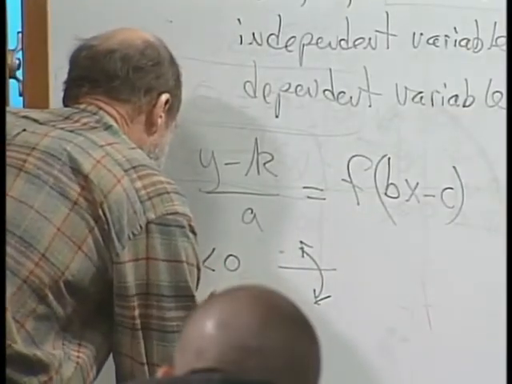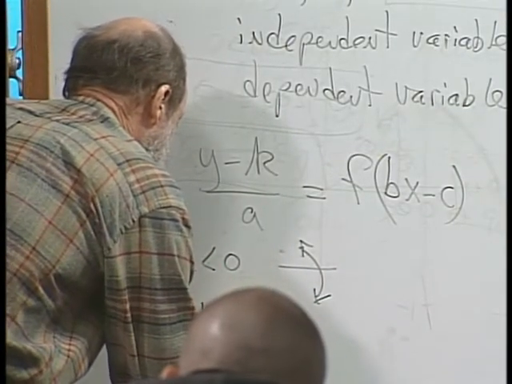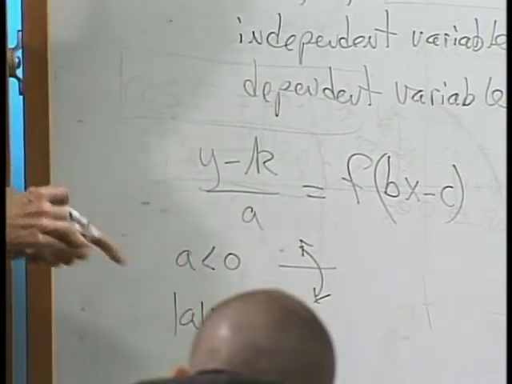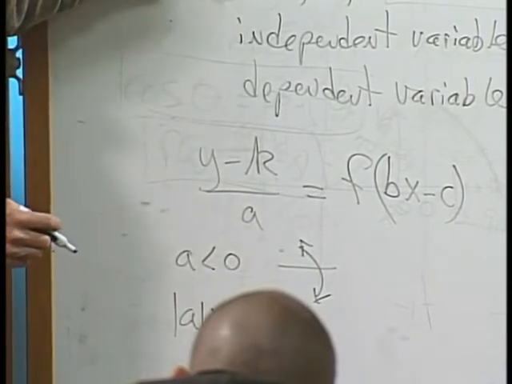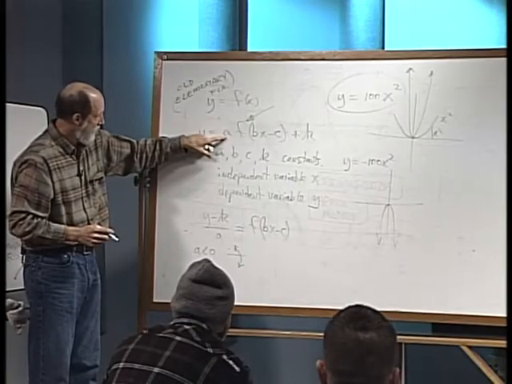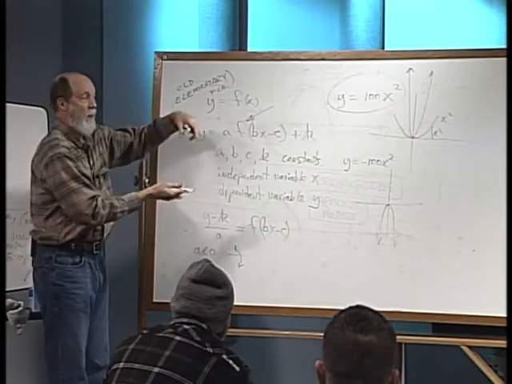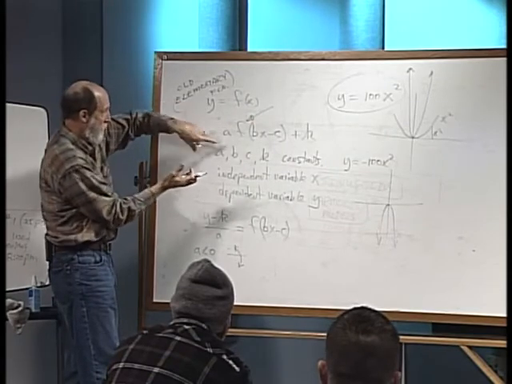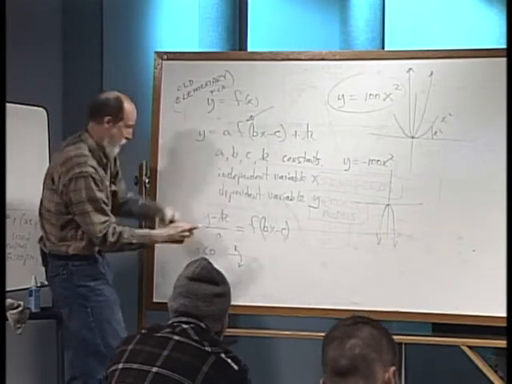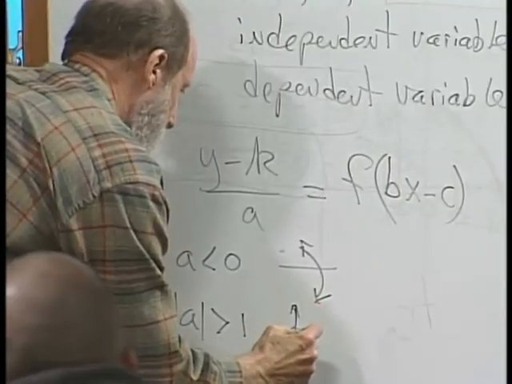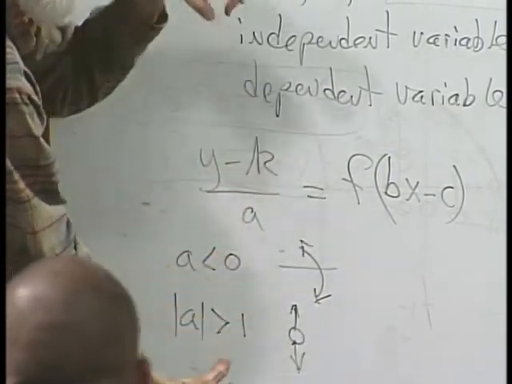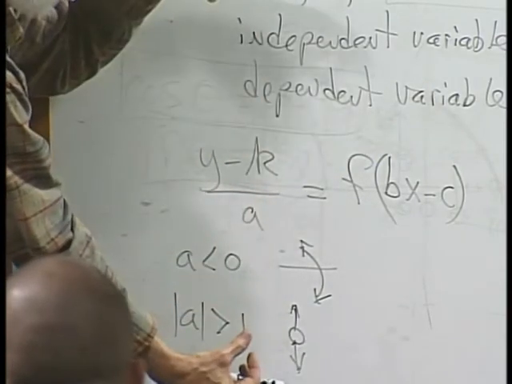If the absolute value of A is greater than 1, like 2, 3, 100, 1,000, if the absolute value of that number here is bigger than 1, what's it going to do to the graph? Bigger than 1, it's going to stretch it vertically. We are going to amplify the sinusoid.